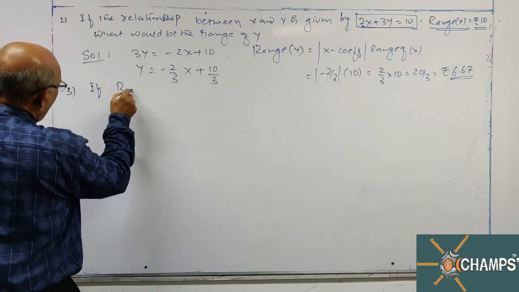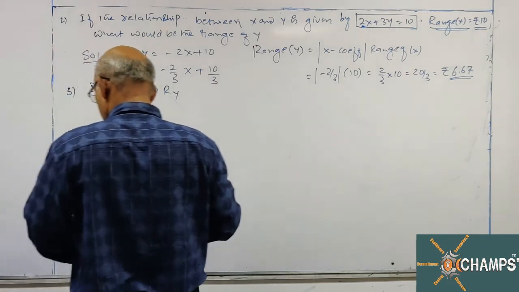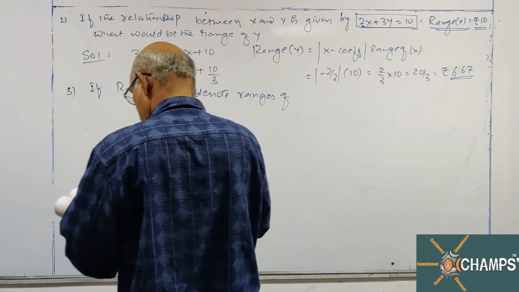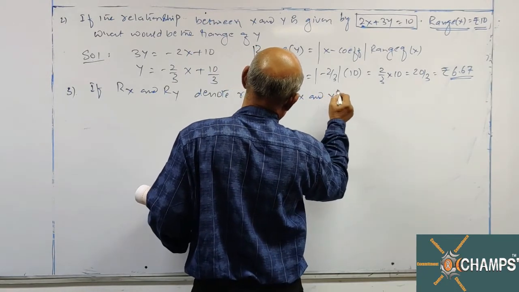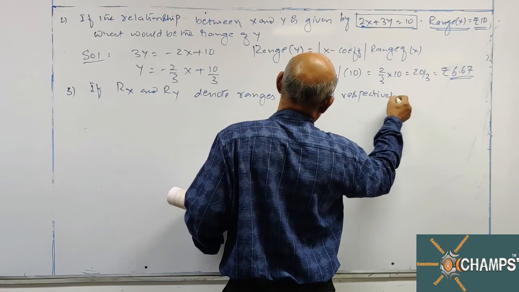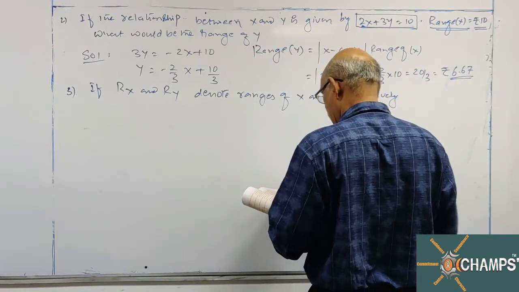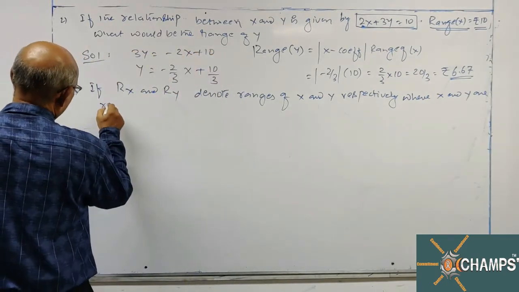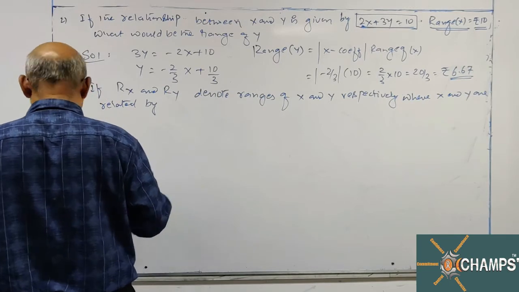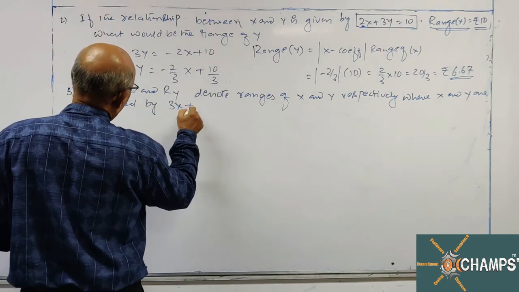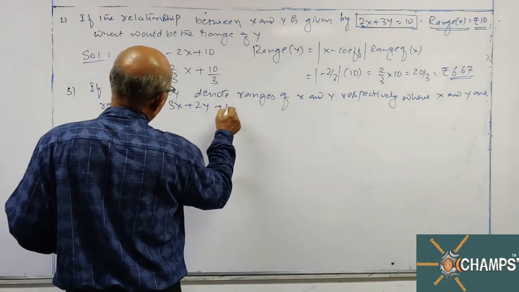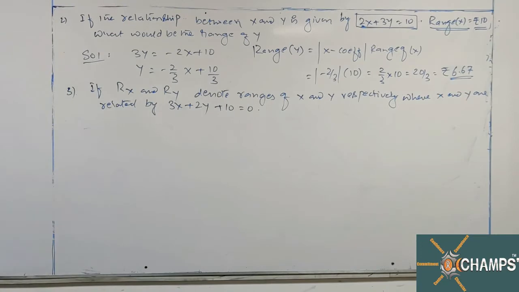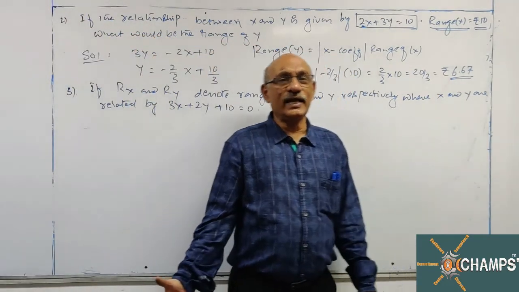If Rx and Ry denote the ranges of x and y respectively, where x and y are related by 3x plus 2y plus 10 equal to 0, you have to find the relation between the ranges of variables x and y.